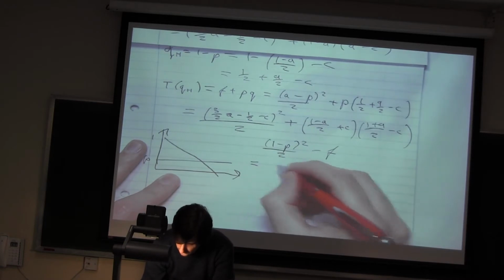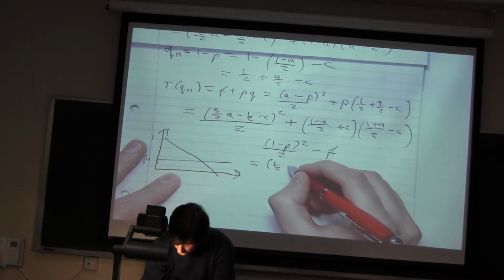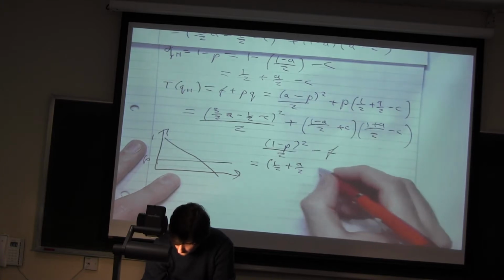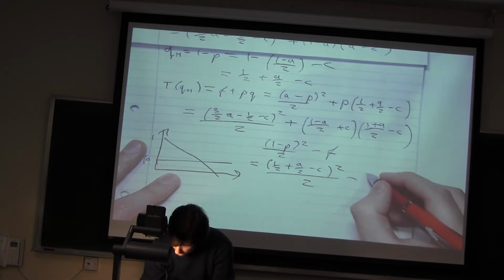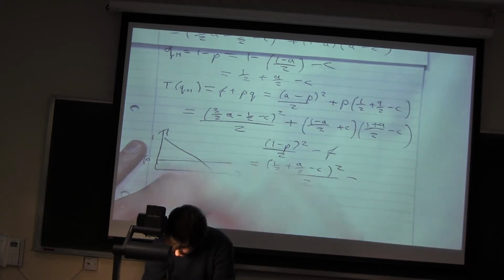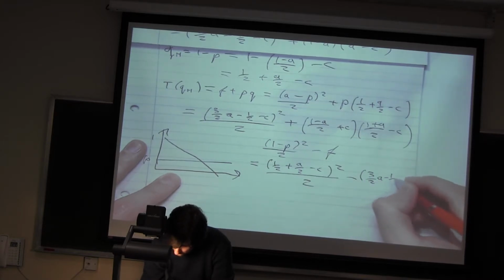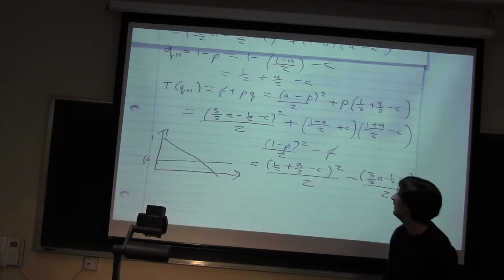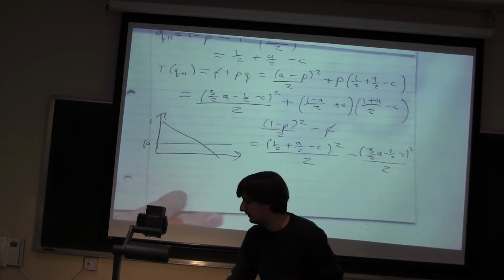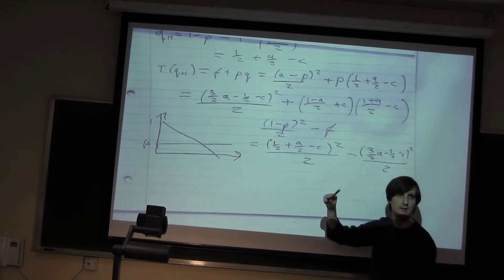This is equal to 1 minus a half, which is a half, plus... so just substituting in. This is the surplus the high types get from consuming their own bundle.